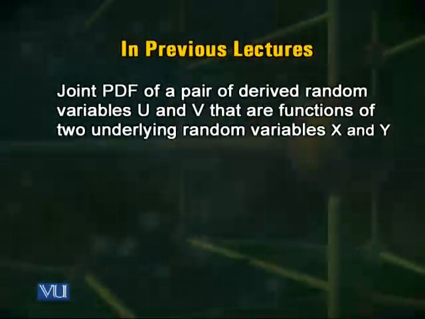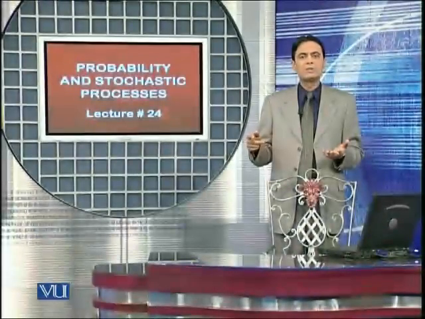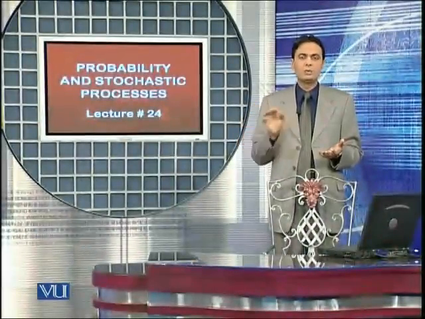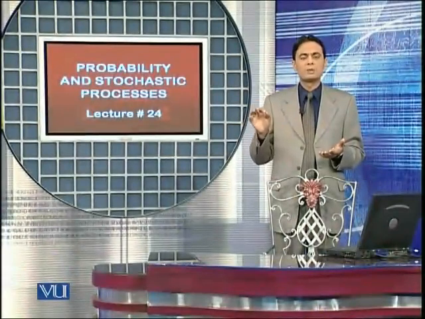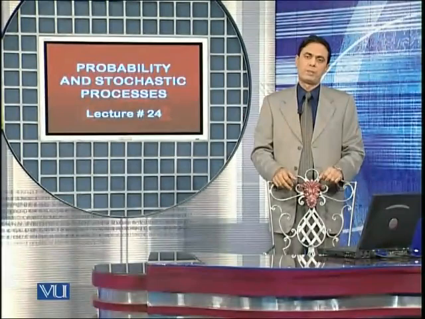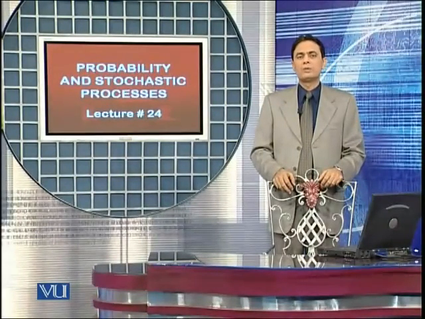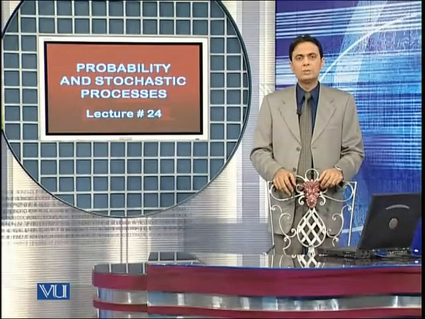In our work, we assumed X and Y to be underlying random variables which are observed as a direct consequence of the random experiment, and U and V are derived random variables which assume their values through two mappings which map values of X and Y to U, and other mapping maps values of X and Y to V. The two mappings that we used were U is equal to Y minus X and V is equal to Y plus X or X plus Y.